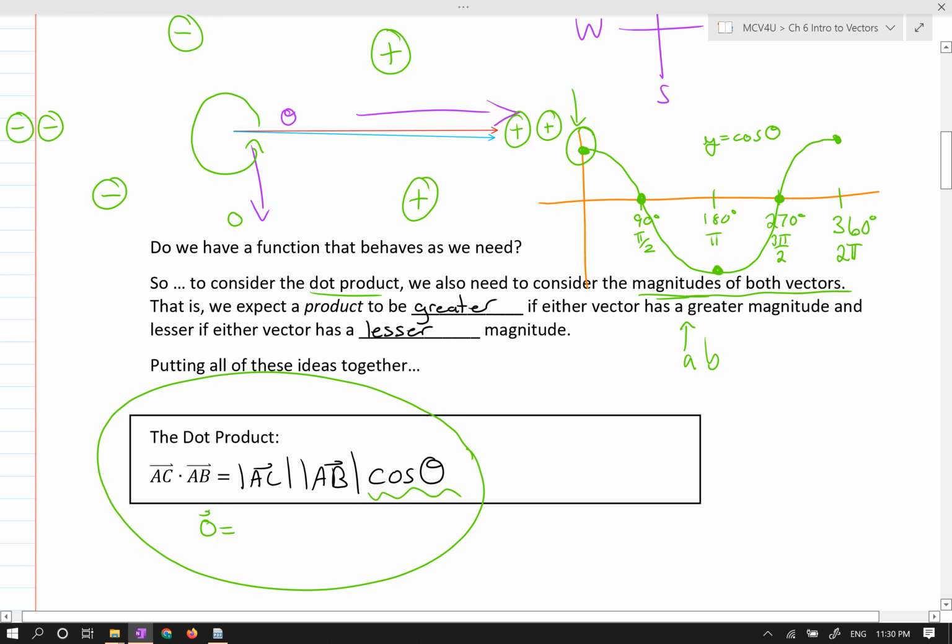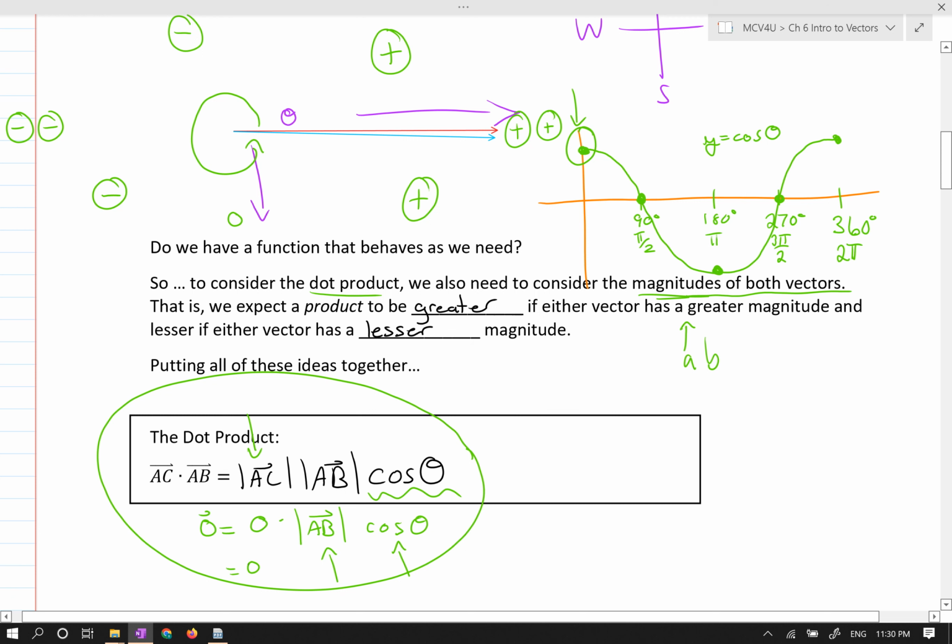If our dot product is 0, then one or more of three things is happening. Either, if the magnitude of AC is 0, then we would have 0 times the magnitude of AB times the cosine of theta. And it doesn't matter what the magnitude of AB is or what the cosine of theta is.